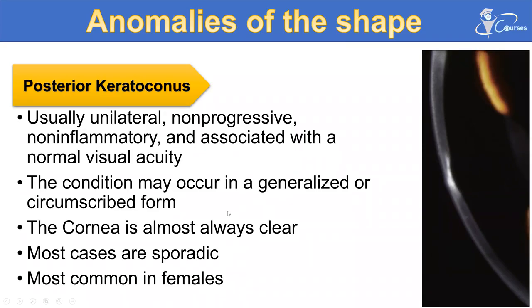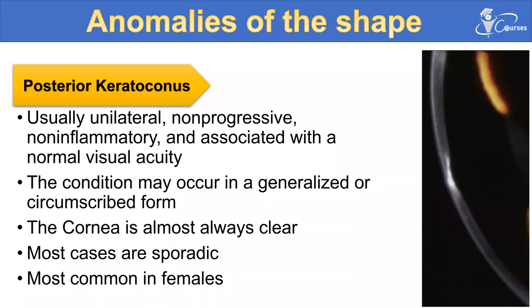Regarding the distribution of the posterior keratoconus, the lesion can be either circumscribed like that, involving only a small area of the posterior corneal surface, or it can involve the entire posterior corneal surface. In this case, it will be called generalized posterior keratoconus.